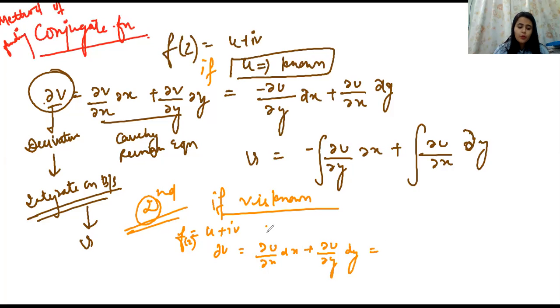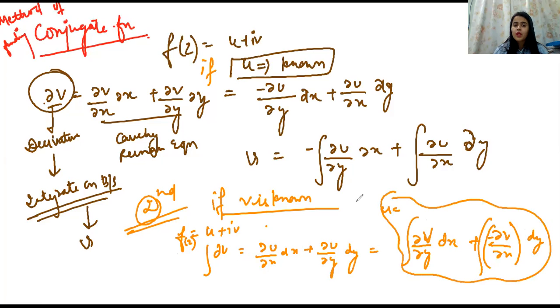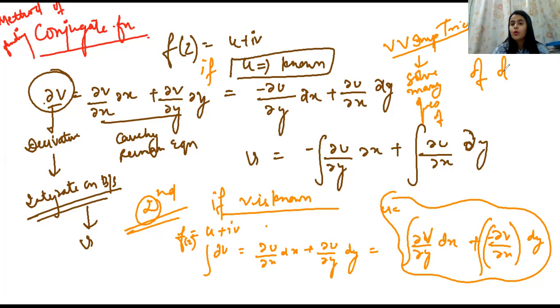And del u by del x will be equal to del v by del y, and del u by del y is minus del v by del x. So du equals del v by del y dx minus del v by del x dy. Now integrating, you will get u equal to this function. Clear? This is a very important trick. It is helpful in solving many questions in all question papers.